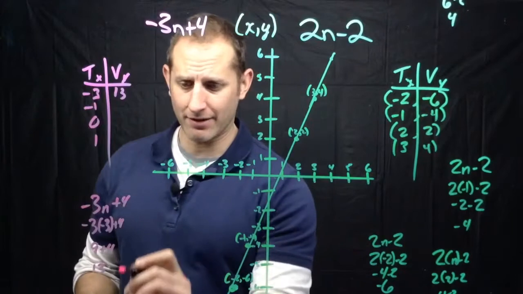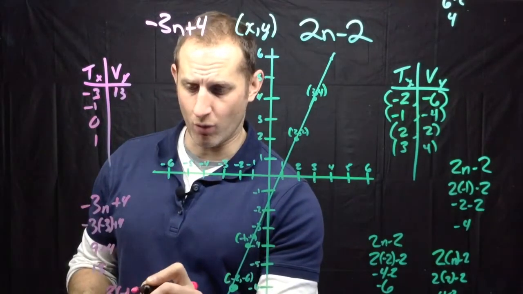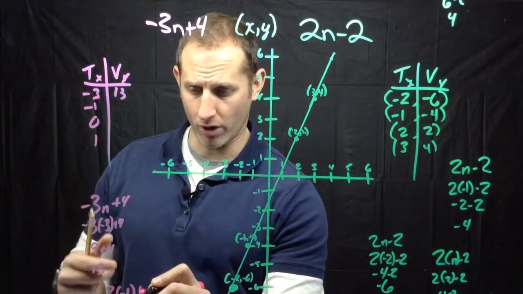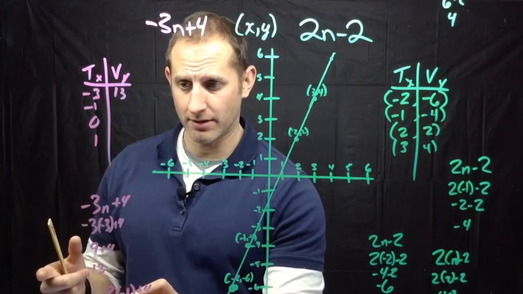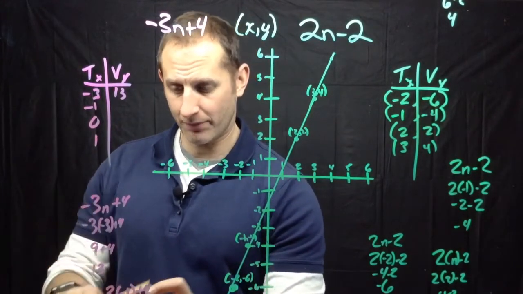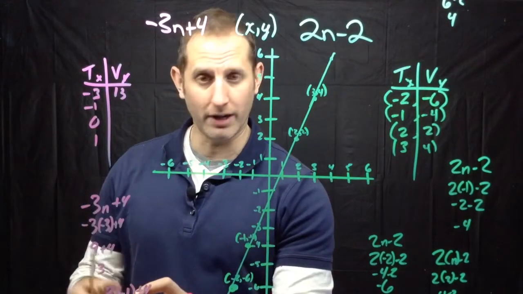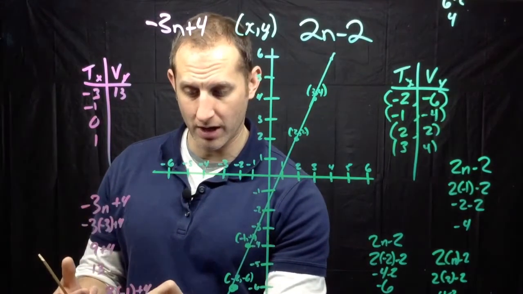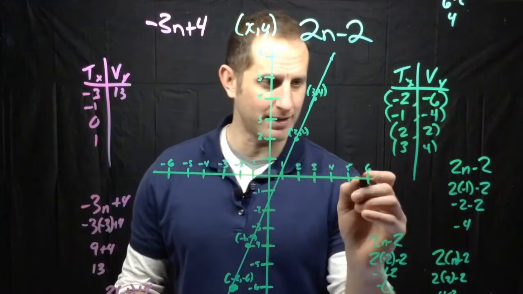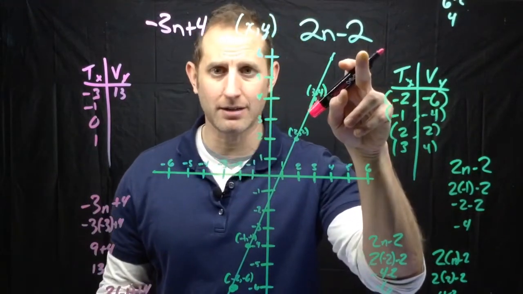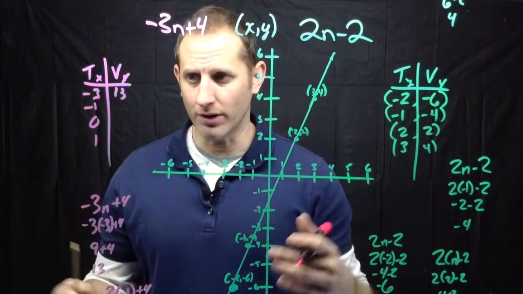Let's take a look at negative 3 times negative 1 plus 4. Negative 3 times negative 1 would be a positive, so that would be 3 plus 4, and I end up with 7. Okay, well, once again, I'm off the Cartesian plane, so I know that that one's not going to work as well.